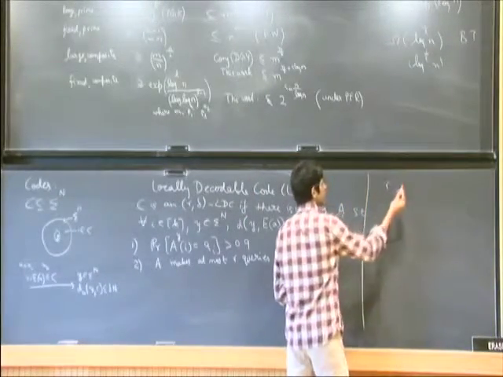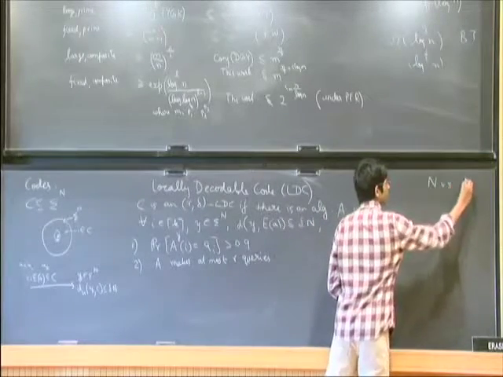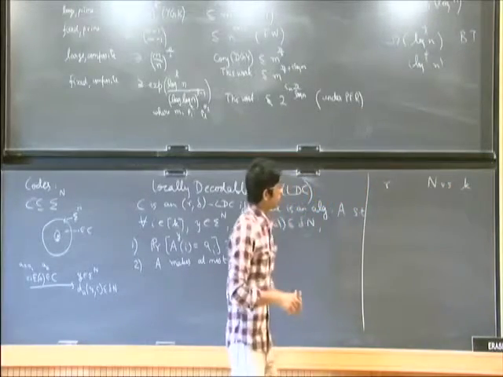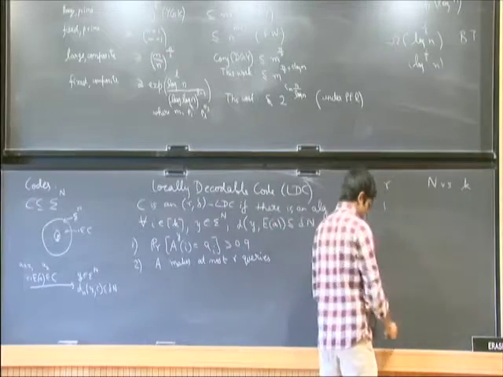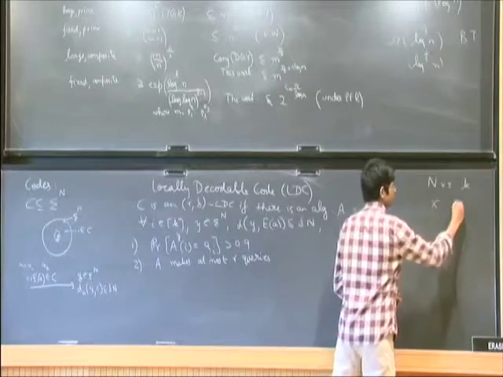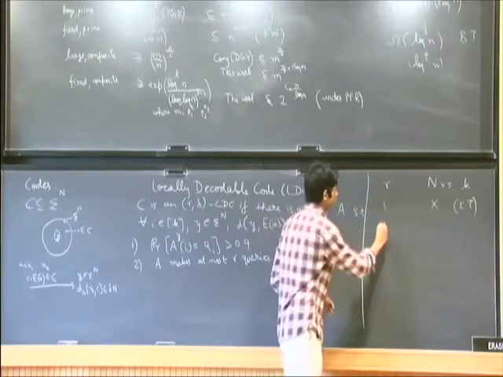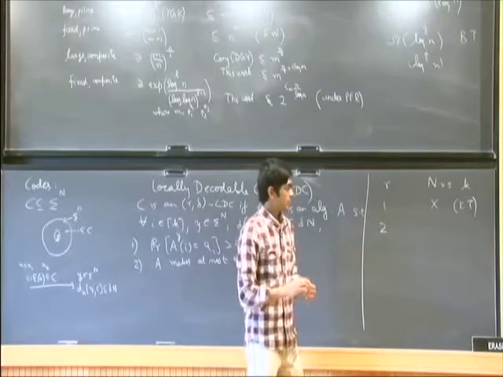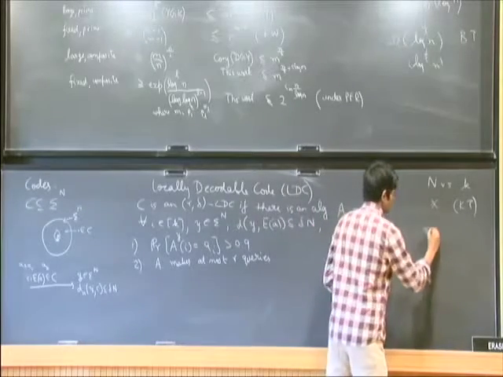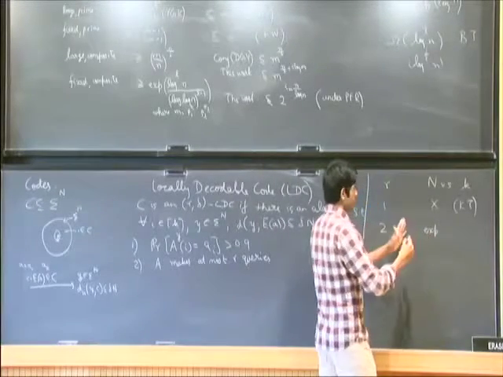So here we have R, and here we'll have N versus K. For R equals 1, there are no LDCs known. This is from Katz-Trevisan. For R equals 2, you know how it behaves very nicely.